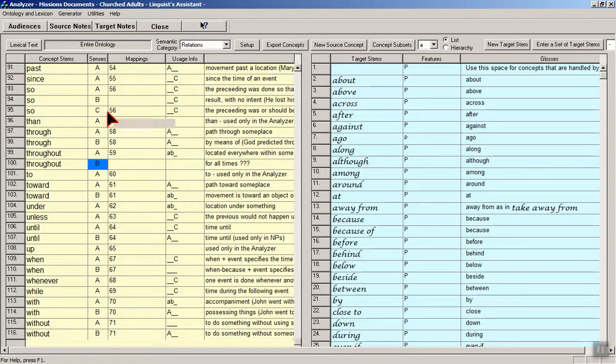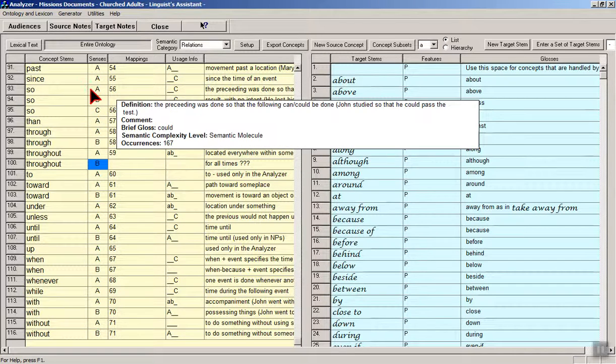We're using A and C. So A says, if I hover the mouse over the A, the preceding was done so that the following can or could be done. John studied so that he could pass the test. So he did it so that he would be able to pass the test. So it has the association with the word could.